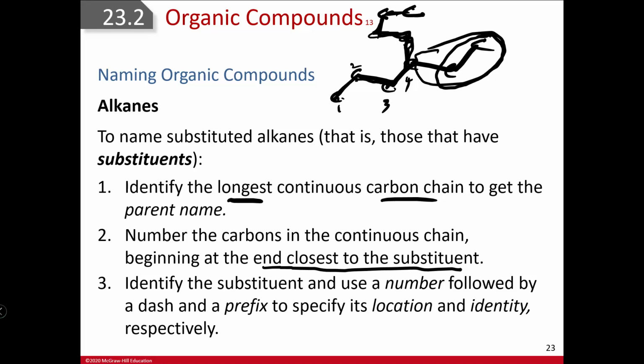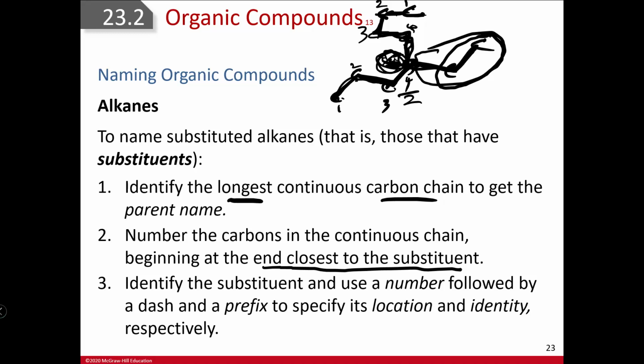If I number this one 1, 2, 3, 4, 5, that's not good because this is a higher number. So I would number from here, but sometimes you do work from the other end. So be careful: wherever the alkyl group or substituent is coming off, that's got to have the lowest carbon number. Lowest carbon number. And if it's not, you've made a mistake.